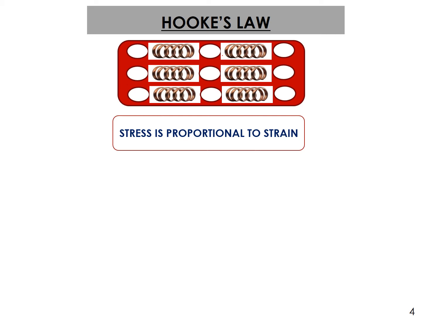Now, this proportionality is up to a limit. As we have discussed in the previous slides, there is an elastic limit. That point is very important. You have to understand that. Up till the elastic limit, this proportionality will work. So stress is proportional to strain within that elastic limit only.